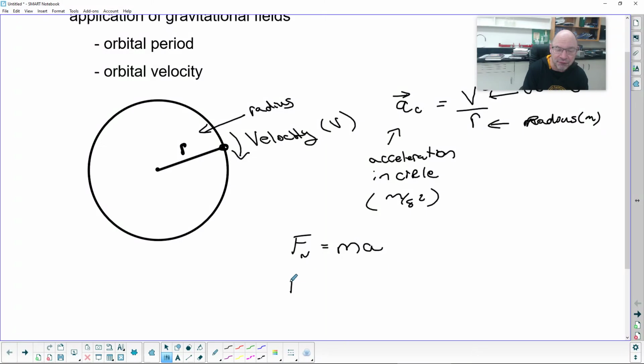So you could get a net force that's equal to the mass times the velocity squared over radius. And this is the force of the object in a circle. So centripetal force.